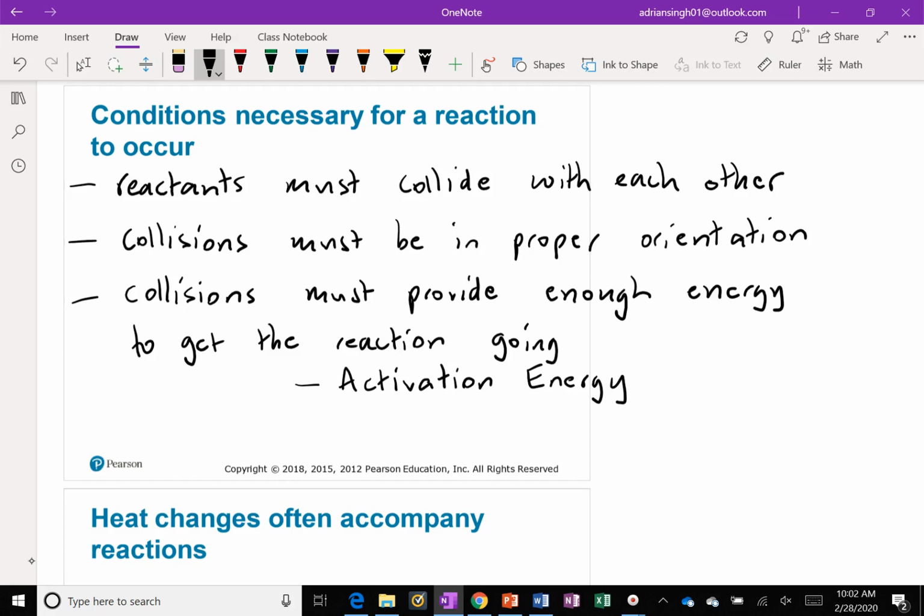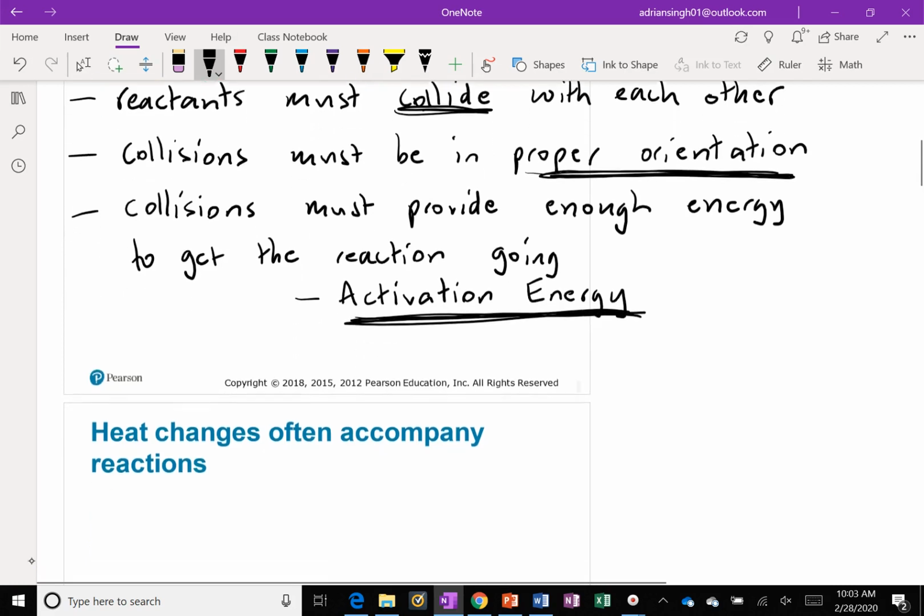Right? So in order for your chemical reaction to occur, your reactants have to come into contact with each other. They have to collide. They must collide in the right alignment or the right orientation. And then when they do collide in the right orientation, the energy of that collision must be enough to overcome our activation energy to get the reaction going.